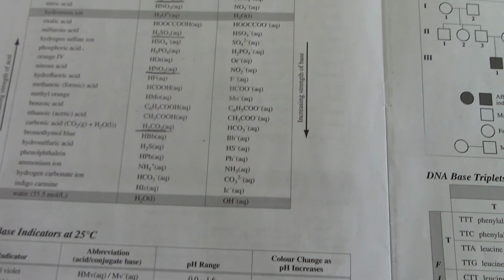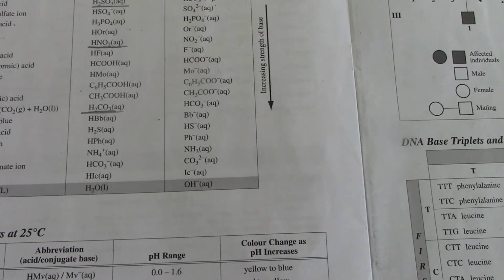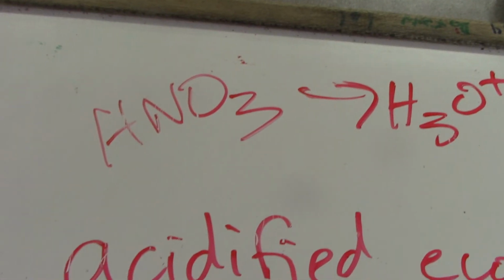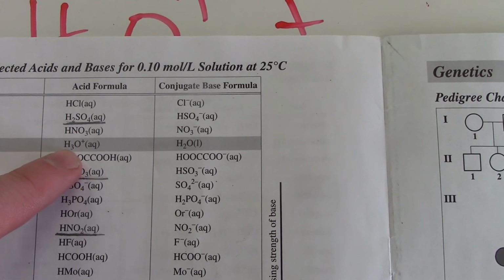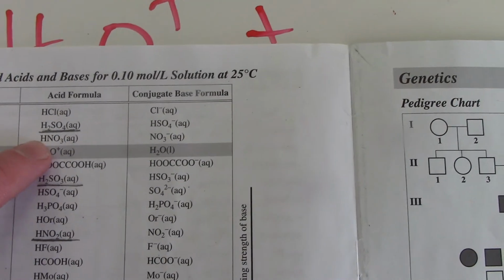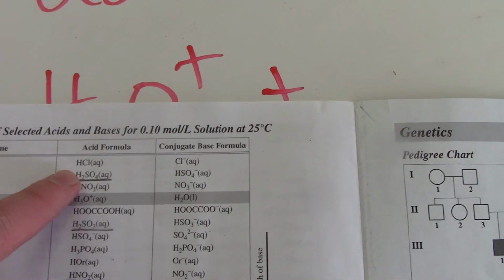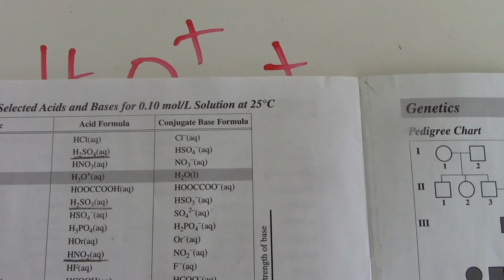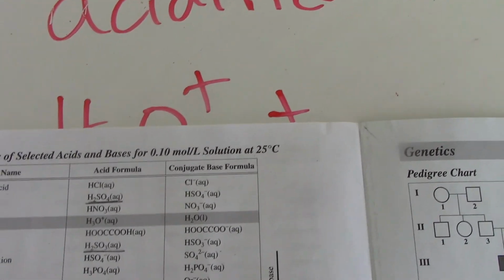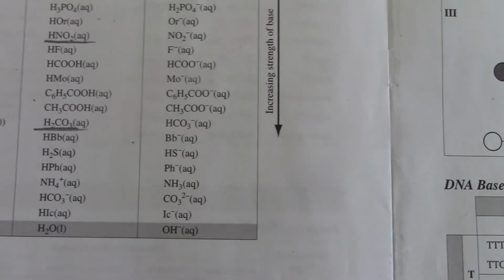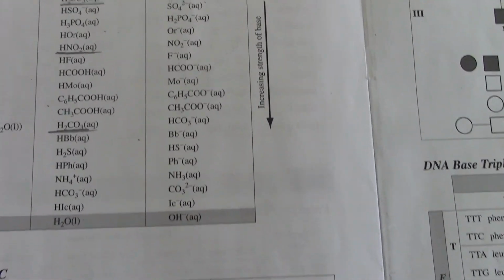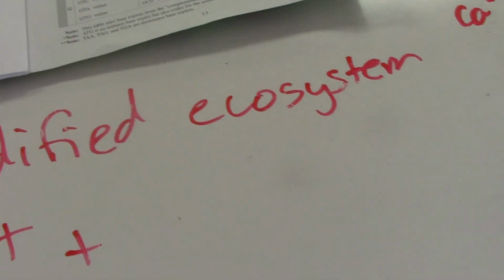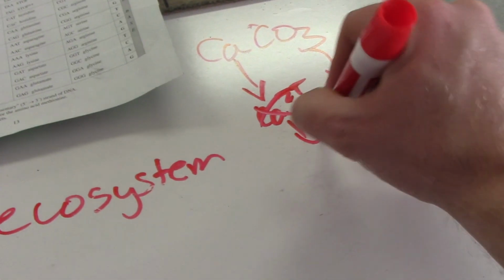Because the carbonic acid, when it dissociates, will make H3O+, but it won't make as much as nitric acid. Okay, so you can see all these three guys all make H3O+. And all of this HNO3 and H2SO4 and HCl, when it reacts with water, all of it will end up turning into H3O+. But with H2CO3, the H2CO3 holds on to that hydrogen and won't make as much hydronium in solution. Okay? So this CO3 2 negative, this is what we're going to call a spectator.